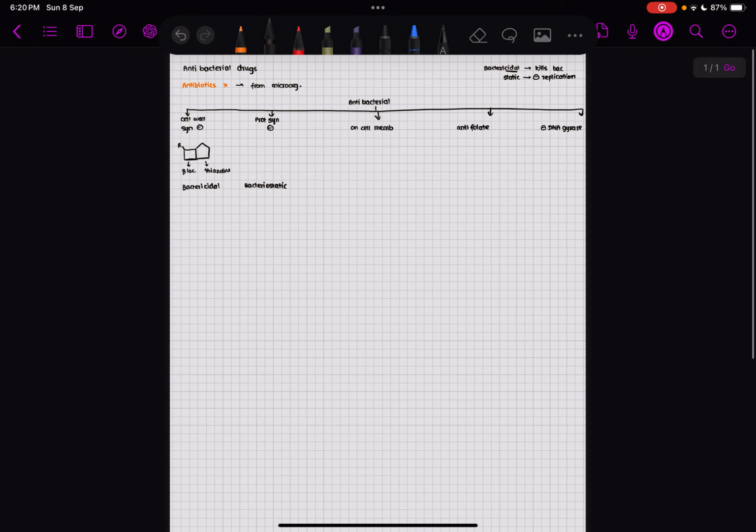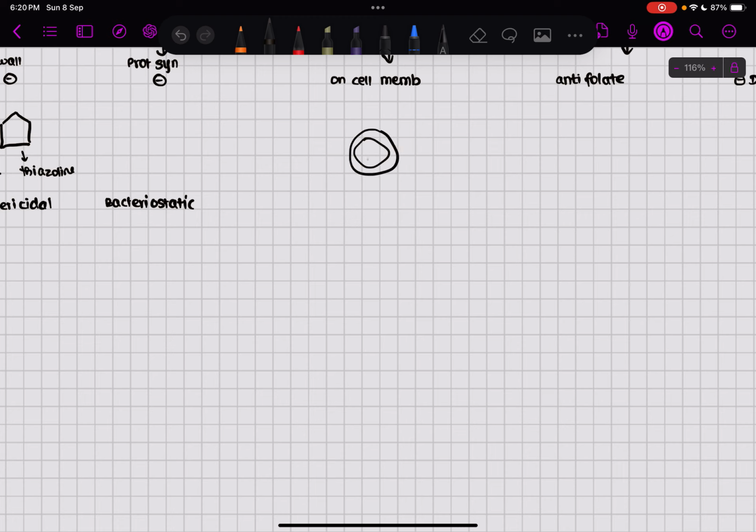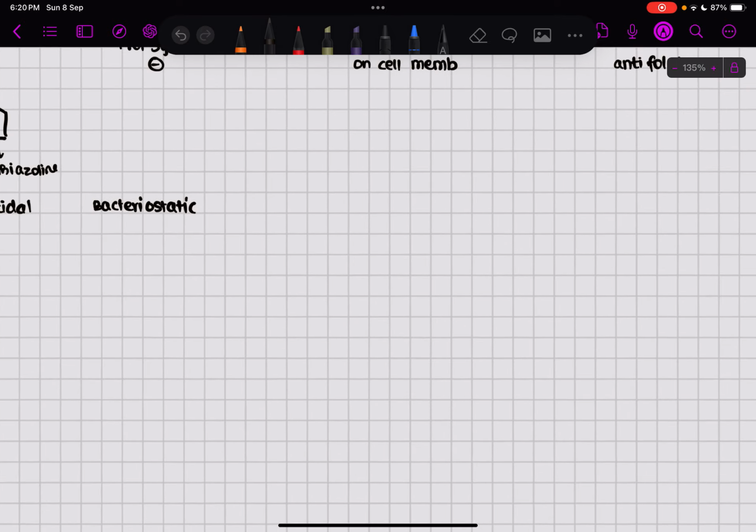Now, drugs which act on the cell membrane: this is the cell membrane and this is the cell wall. When the cell membrane itself does not exist, it can never survive. So this is bactericidal.